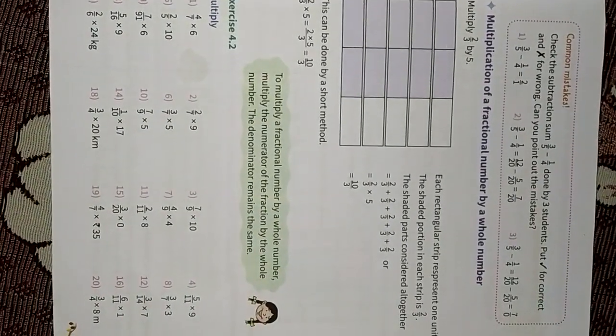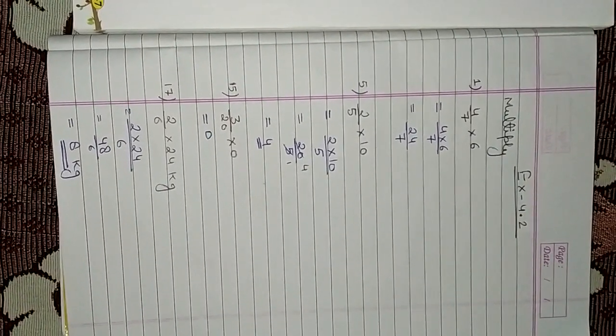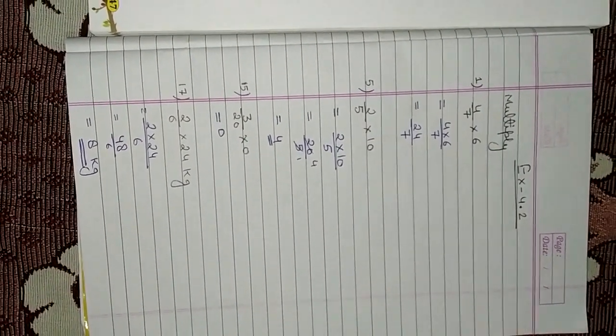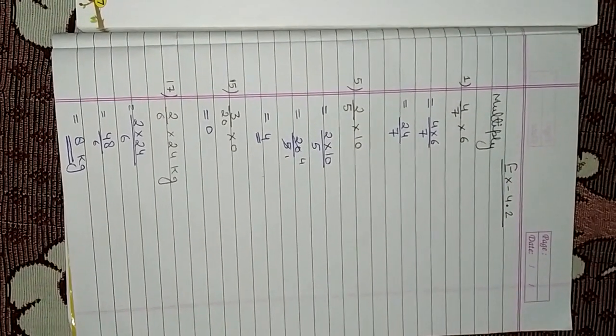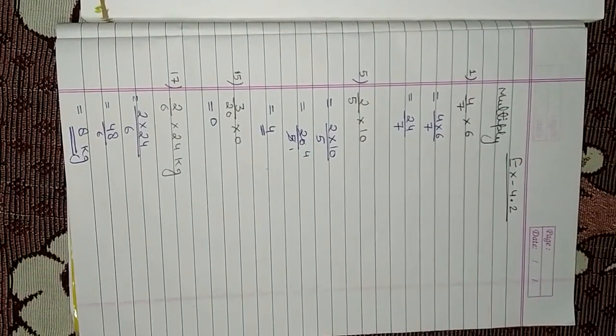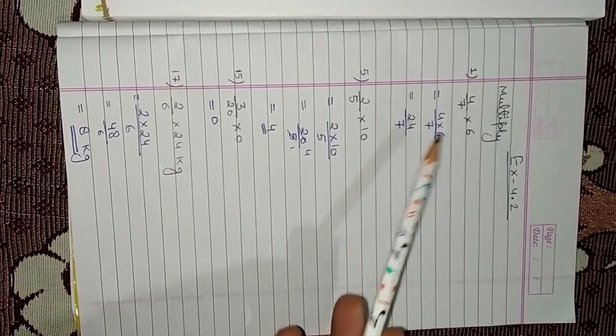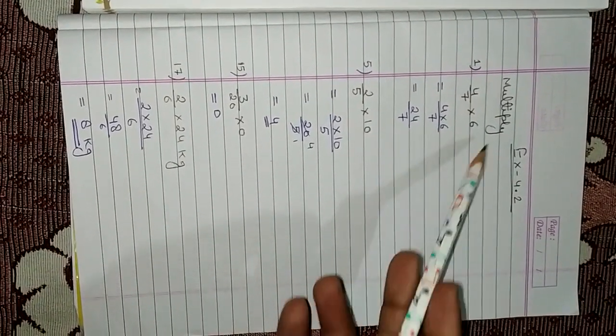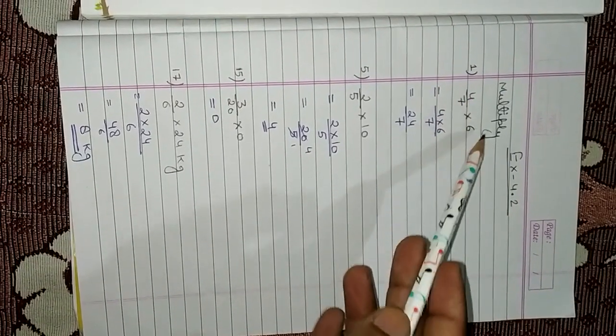Now exercise 4.2. Multiply. First part, 4 by 7 into 6. To multiply a fraction by a whole number, we have to multiply the whole number by the numerator. Okay. Here the numerator is 4 and the whole number is 6.